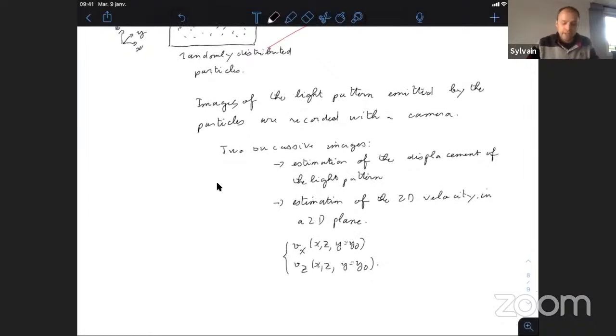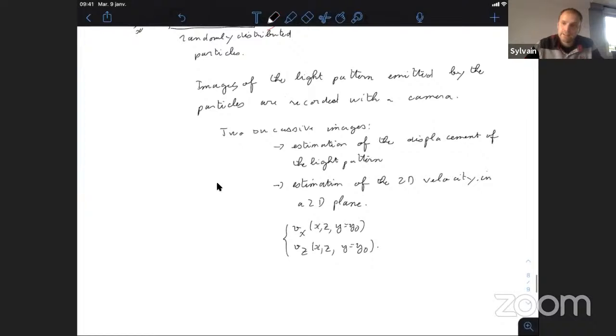And that's the classical PIV experiment, the measurements that we can apply for internal gravity waves.